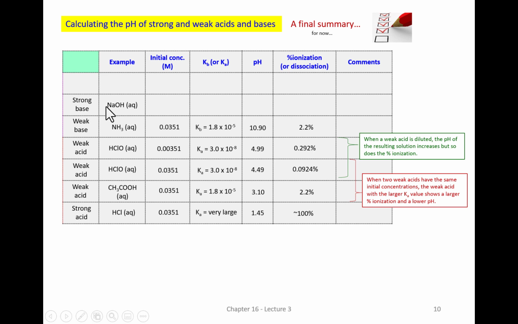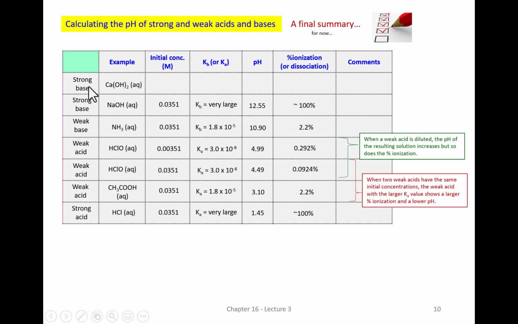The strong base NaOH, same initial concentration. Its Kb value is absurdly large because it's a strong base, has a very high pH. It undergoes about 100% dissociation.